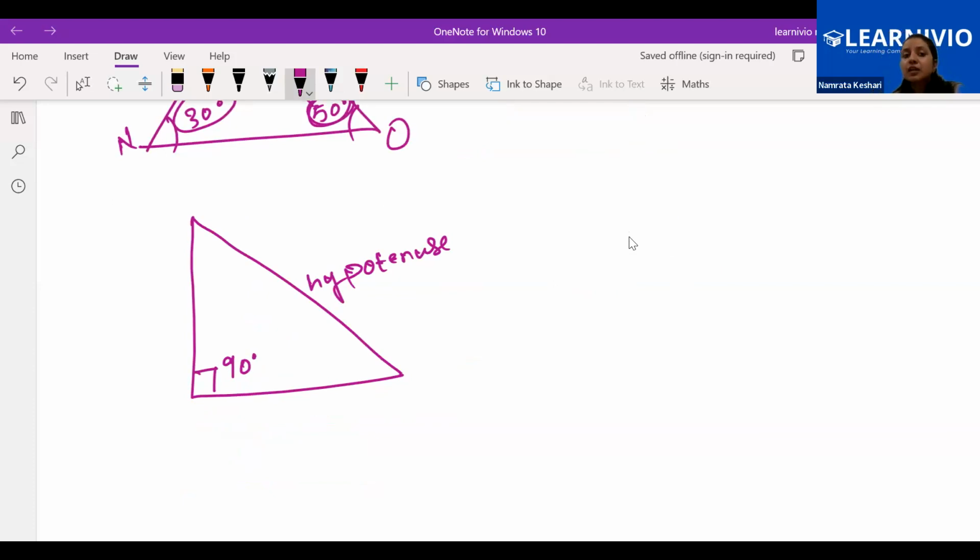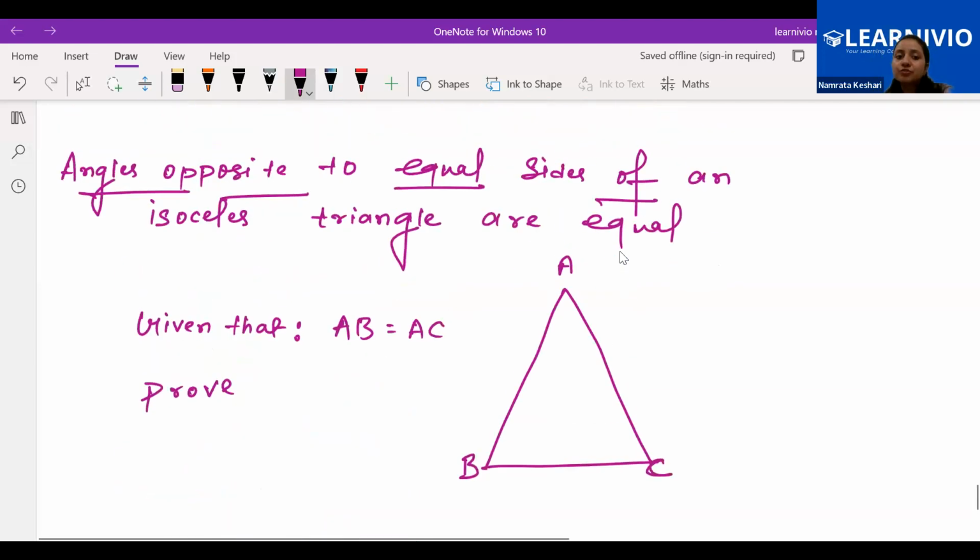And we have seen while using the Pythagoras theorem also, the data is given in such a way that hypotenuse always we get largest. Yes or no? Yes, ma'am. Opposite to largest angle is the largest side, and that largest side's name over here is hypotenuse. Okay, so these are properties of triangle. Let's continue with our proof.